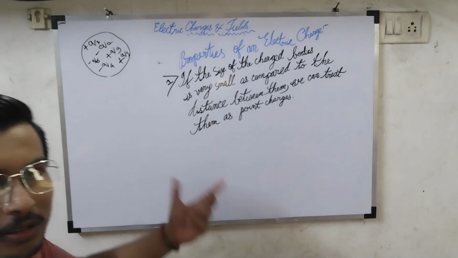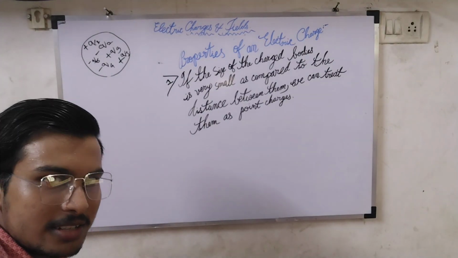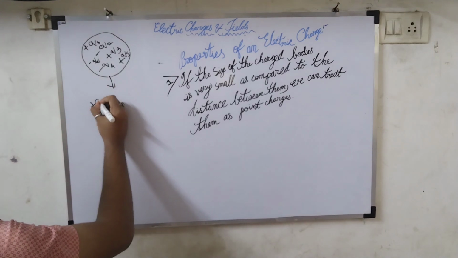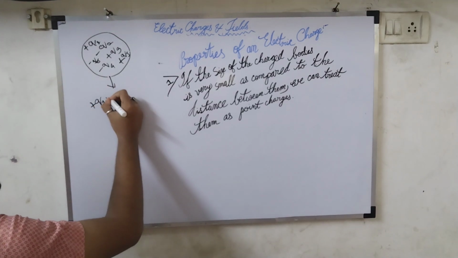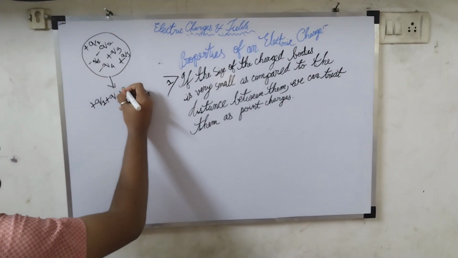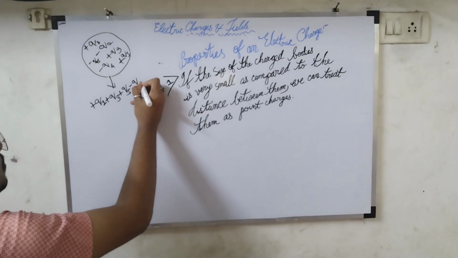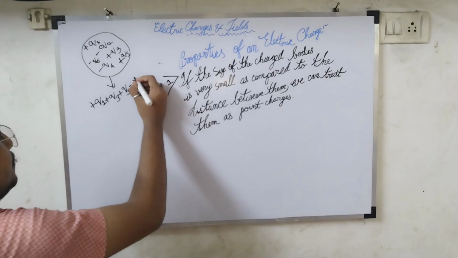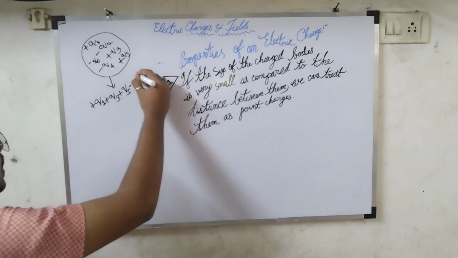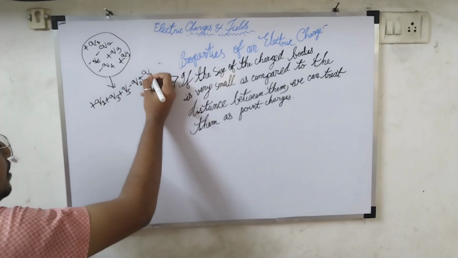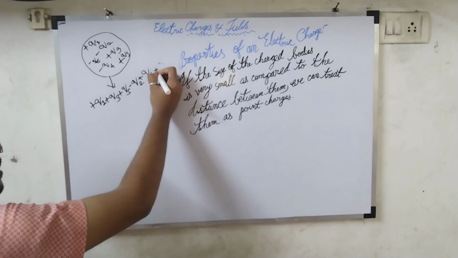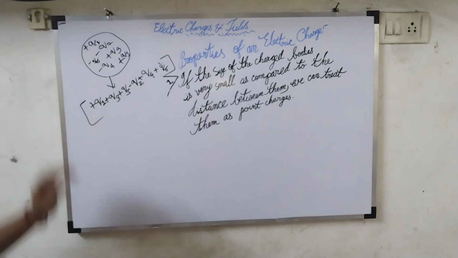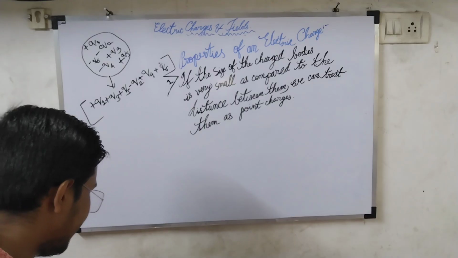Then what will we do? Charge is additive. Simple: plus Q1 plus Q3 plus Q5 minus Q2 minus Q4 minus Q6.